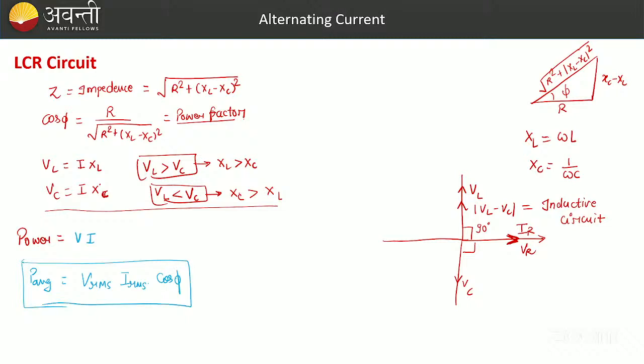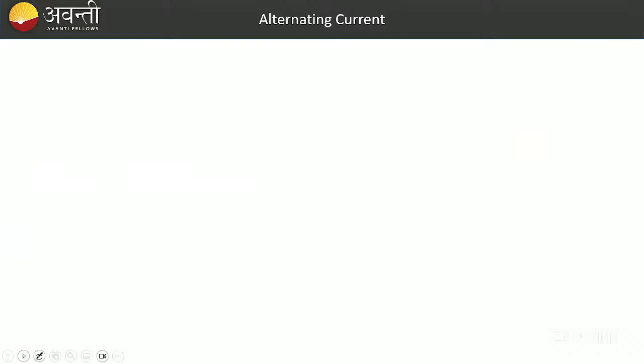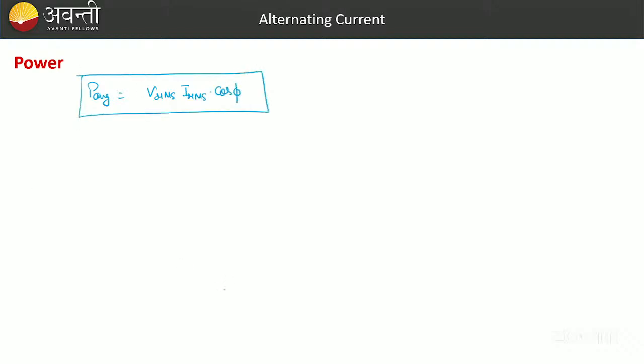Got it? So this is power. Now I have talked about power. Average power is given by VRMS IRMS into cos phi, where cos phi is the power factor of the circuit.